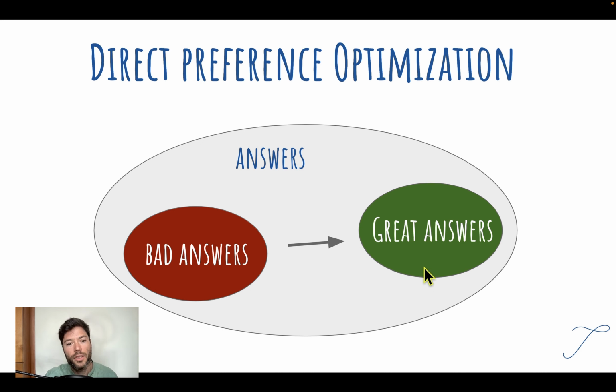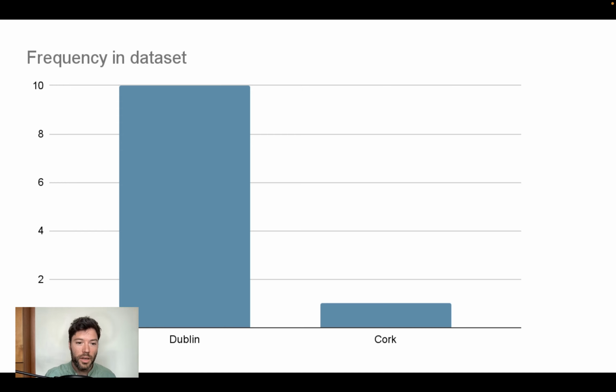And so when we go back to our graph here showing the frequencies, you can imagine that in a data set of the World Wide Web, you again may have a lot of bad data and you have hopefully even more good data. It might be hard to get rid of some of the bad answers.